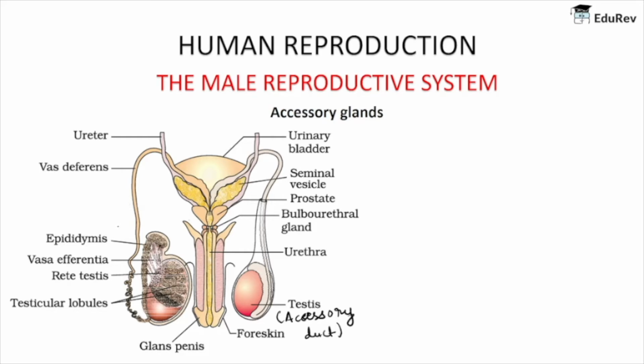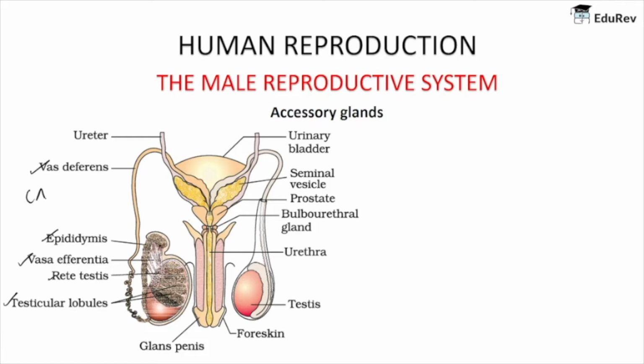Yes. Look here on the left side. They have marked testicular lobules, inside which we have seminiferous tubules, and they have marked first rete testis, then vasa efferentia, then epididymis, and then coming back to the vas deferens. Yes. So I would rather write the accessory ducts here.